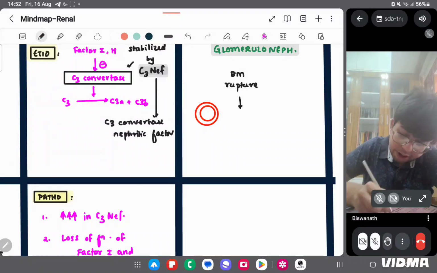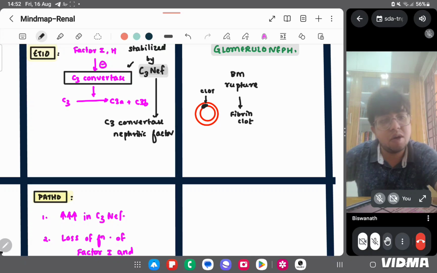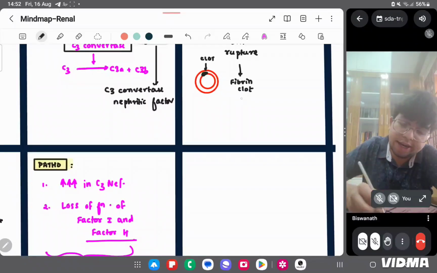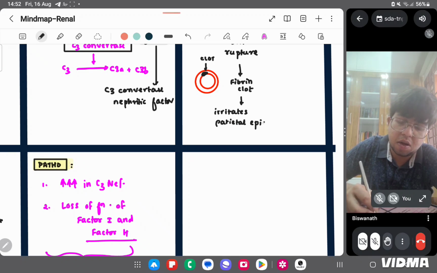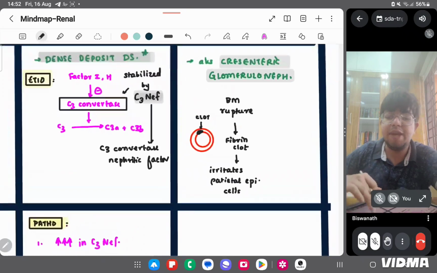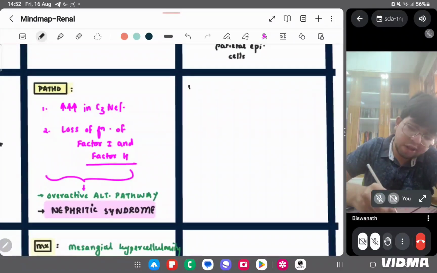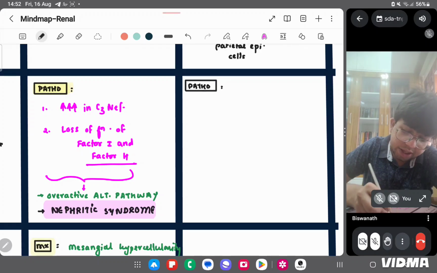So here a fibrin clot is formed, and this fibrin clot irritates the parietal epithelial cells. So this is the main etiology. Talking about the pathogenesis, let me state it to you.